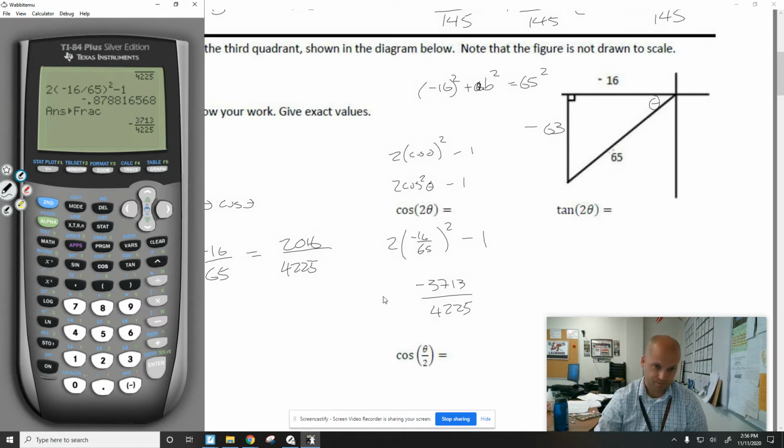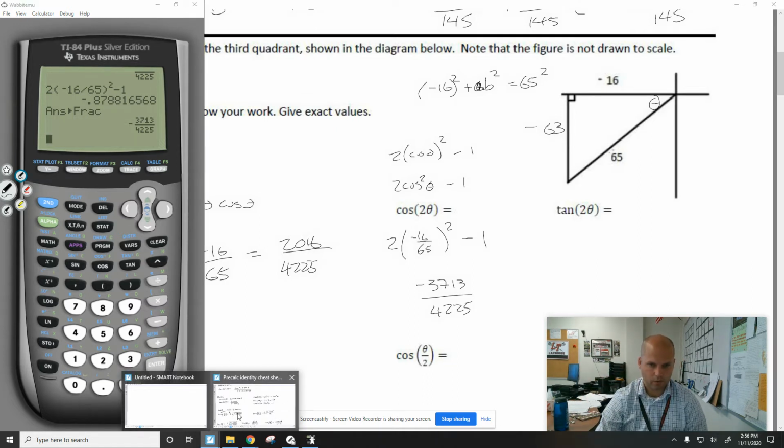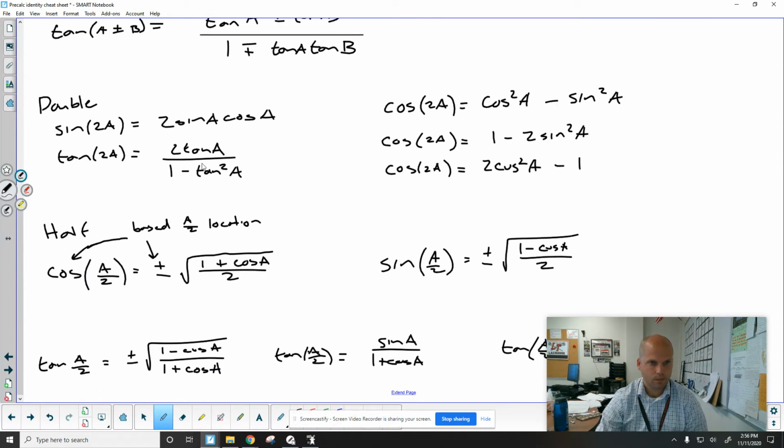Tangent 2 theta. I don't know this one. 2 tan A over 1 minus tan. Oh, I do know this one. It's from the sum formula, tan A plus or minus tan B. Well, it's tan A plus tan A over 1 with the opposite sign, tan A times tan B, multiplied. So that becomes tan squared. I should have remembered that.